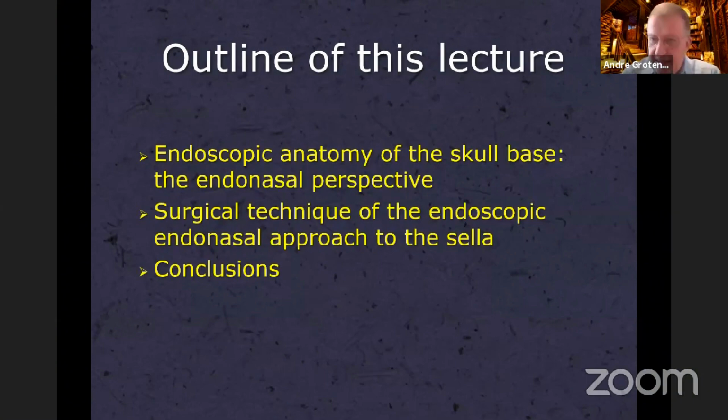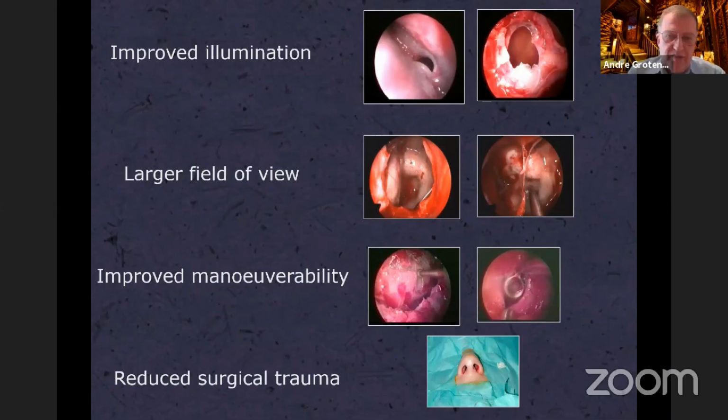So I will indeed review the anatomy, endoscopic anatomy, and then show you just a brief video of the surgical technique that will bring back all of these anatomical parts, and then have some conclusions. Just to remind you why we have switched from the microsurgical technique, at least that I learned in the 70s and 80s, to the endoscopic approach, because it brought light into the dark space of the nose.